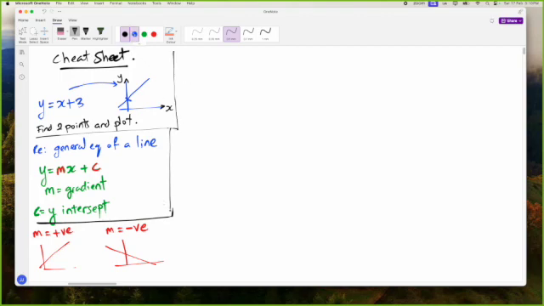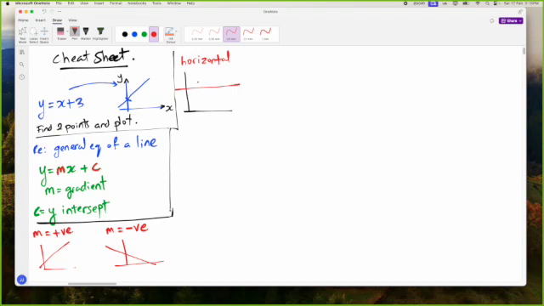We saw that for a horizontal line, you have a horizontal line here.